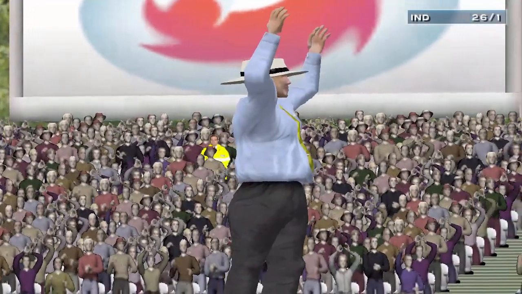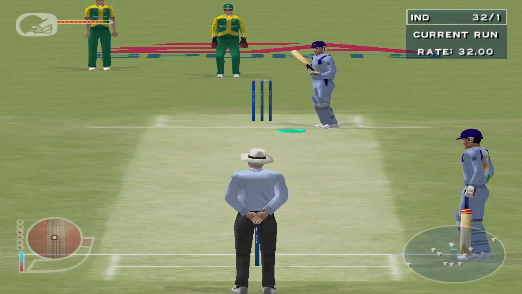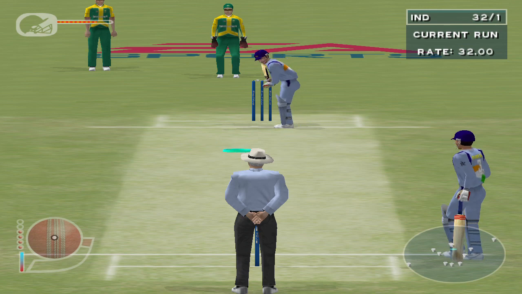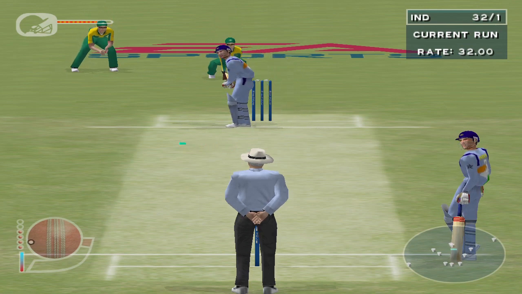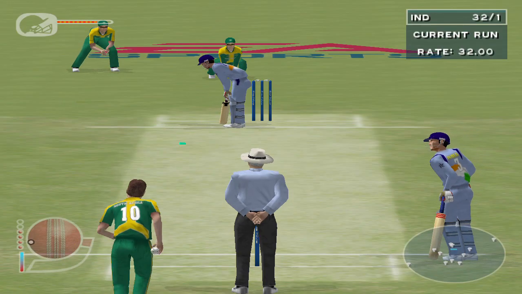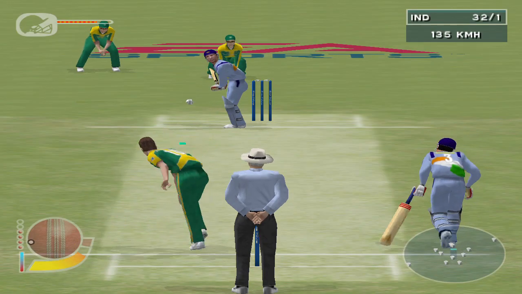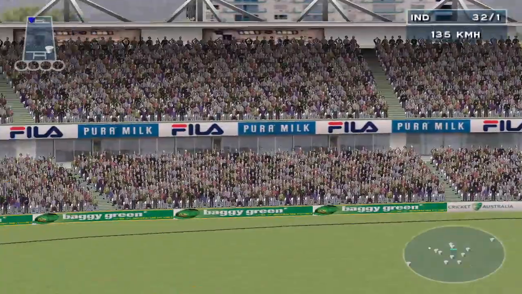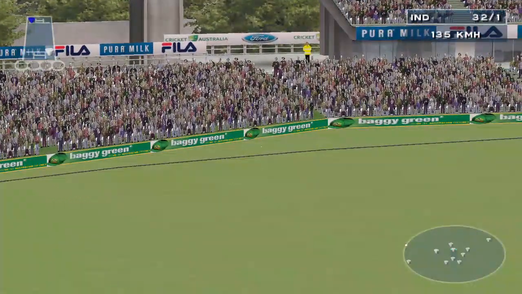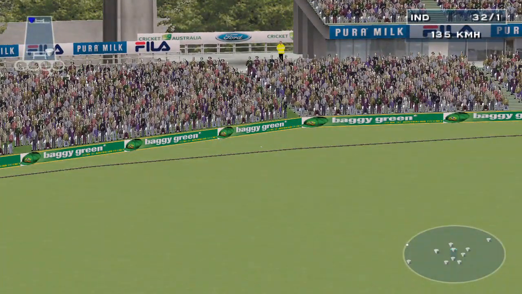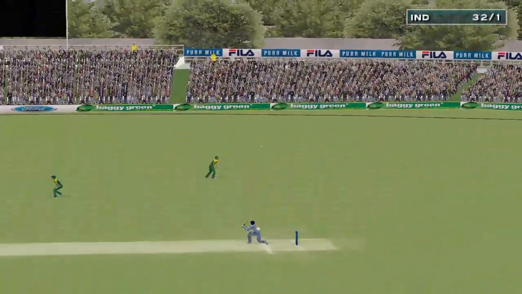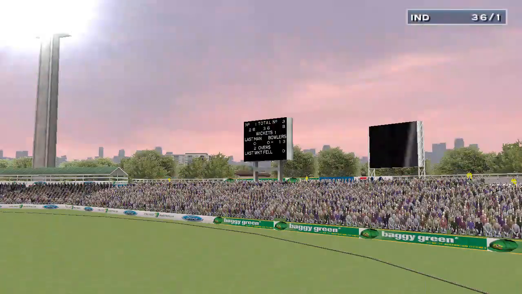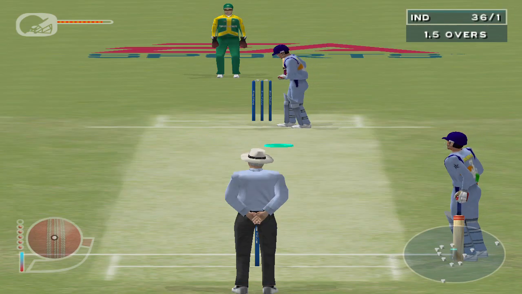Well, he used his feet brilliantly there and lifted it high over the boundary. Super shot by Tendulkar. Nel to Tendulkar.